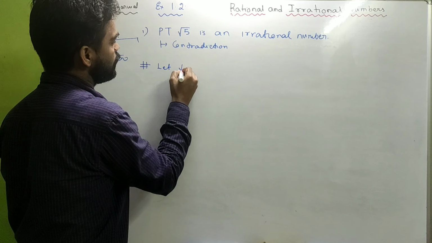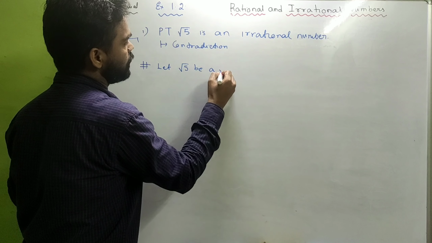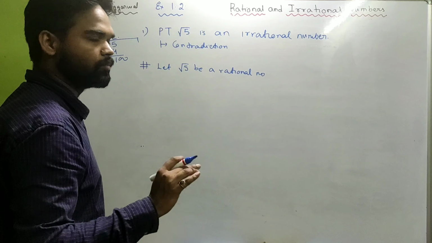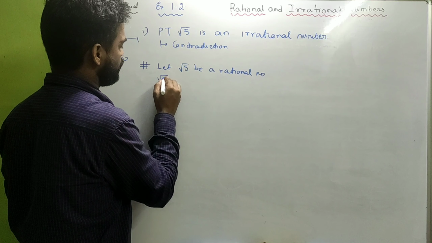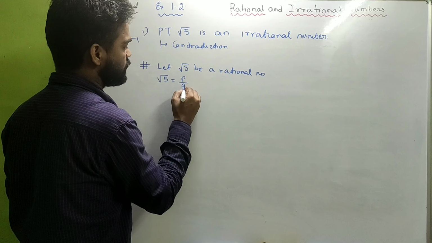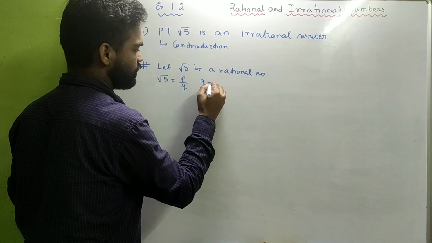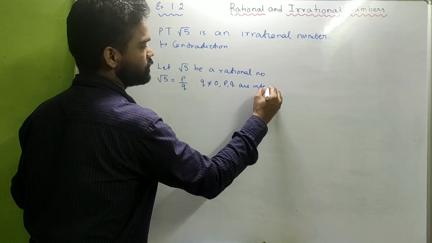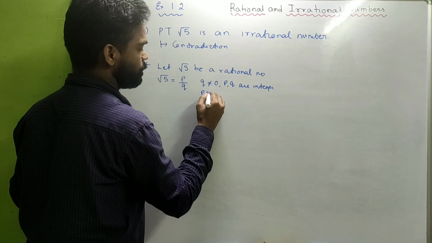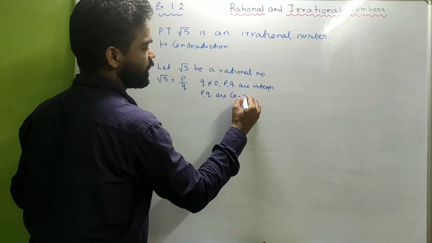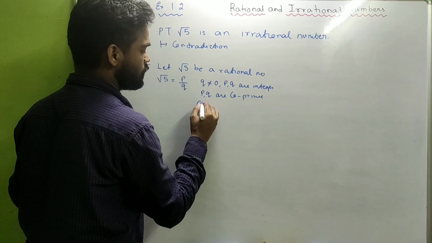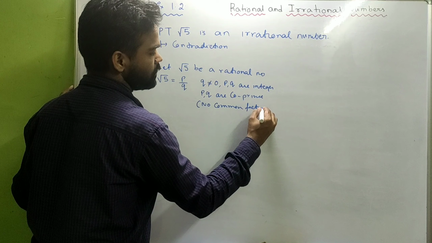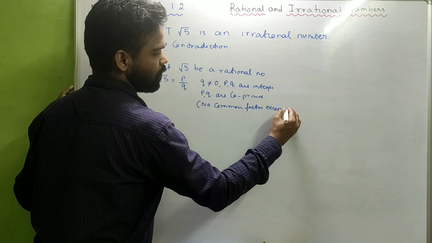Let root 5 be a rational number. Suppose we assume, okay, then we can write root 5 as P by Q, where Q definitely not equal to 0 and P and Q are integers, and the most important part, P and Q are co-prime, which means no common factor except 1.